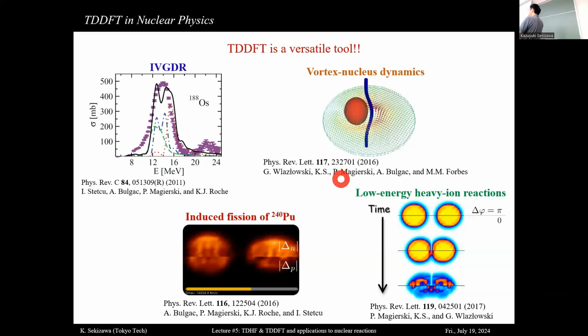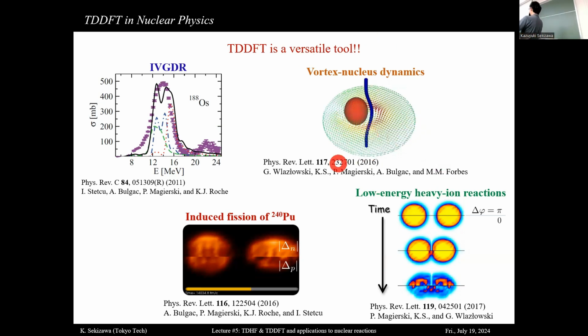This is a topological excitation of a superfluid medium, and we can simulate the interaction between a vortex and a nucleus. So, what is a vortex of superfluid neutrons? This will be the topic of my last lecture, where I will introduce this.